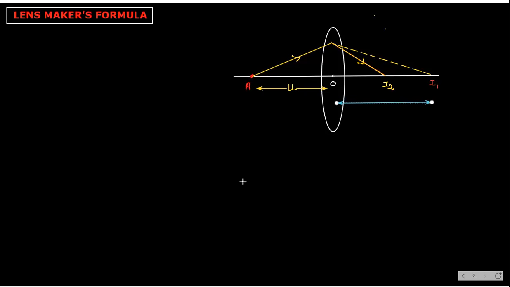This one, you can see here, this is phi1. And here, this distance I am taking as phi. Okay, this is phi.